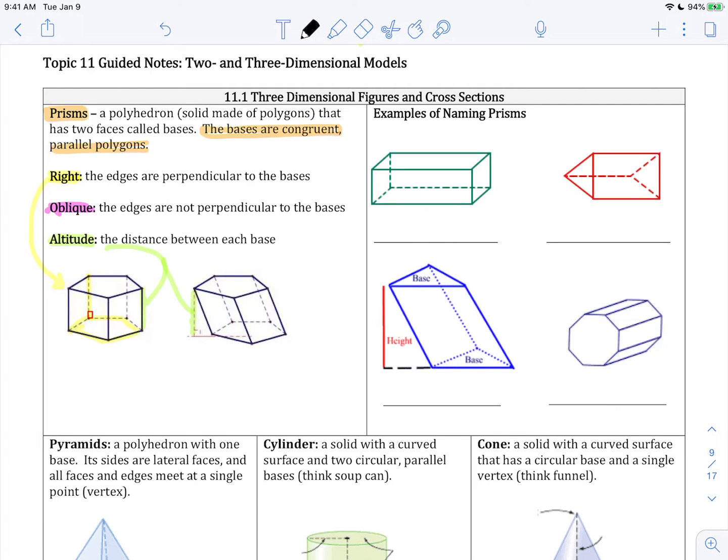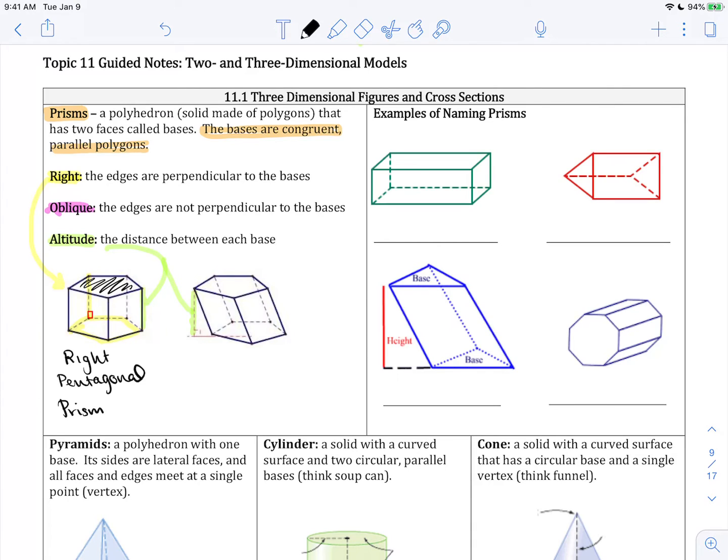Okay, now we're going to name these figures. So like I said at the beginning, you name a prism by its base. So this base, here's the base of this first one. It's the shape of a pentagon. It has 5 sides, and we said it was right because the edge is perpendicular to the base. So this would be a right pentagonal prism.